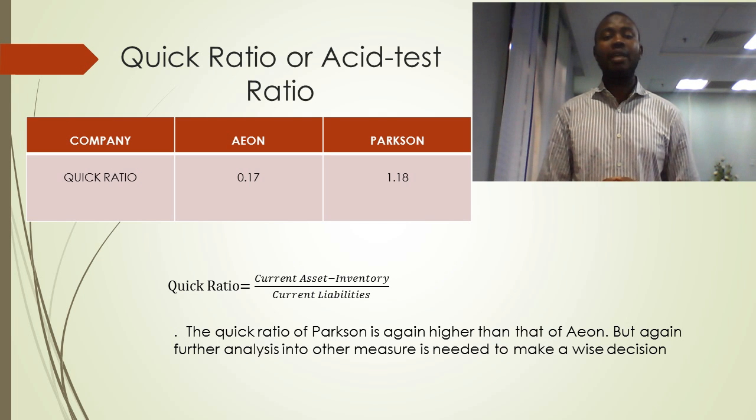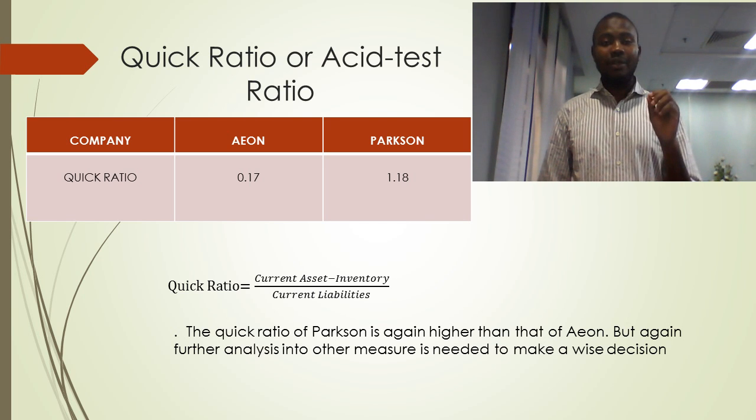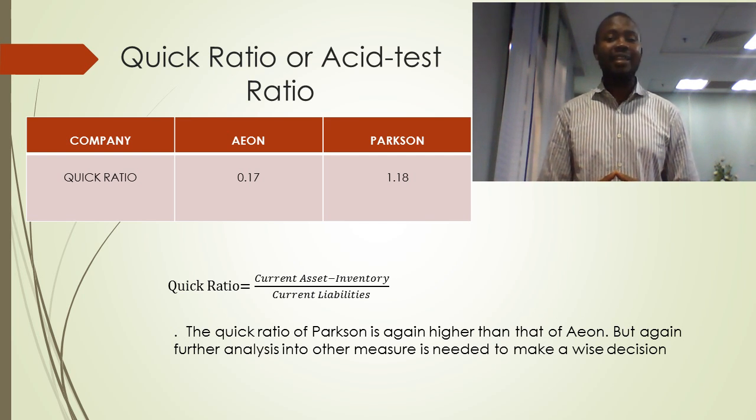We arrived by subtracting inventories from current assets and dividing that by current liabilities, or simply current assets minus inventories all over current liabilities. The quick ratio of Paxson is again higher than that of Aeon, but further analysis into other measures is needed to make a wise decision.